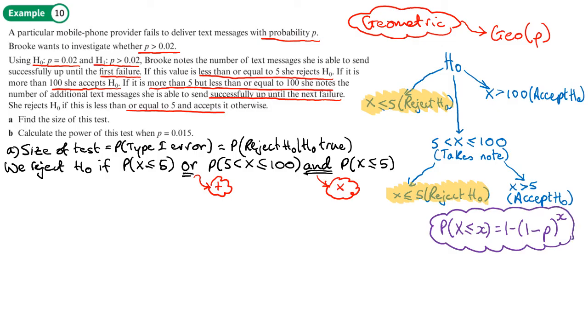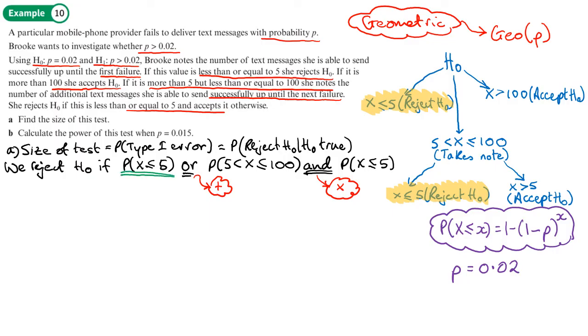And in this question p is going to be 0.02. So we're working out the probability of rejecting H0 given that H0 is true, which means that the probability is going to be 0.02. So let's work this out. I'm going to do this bit first.